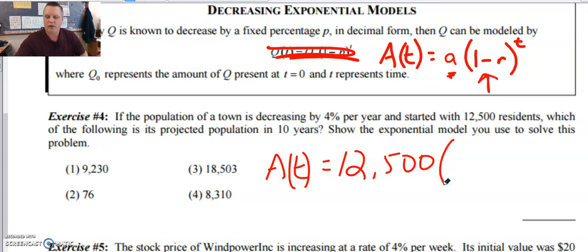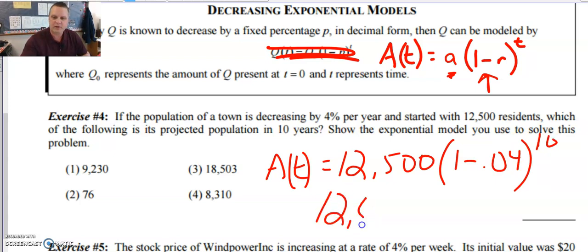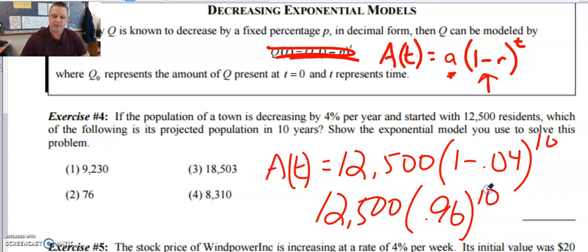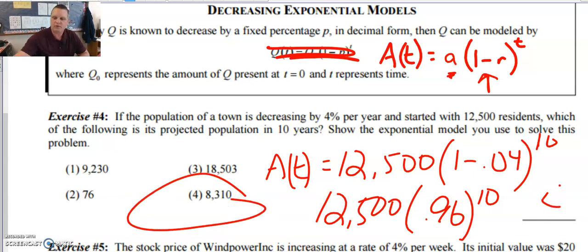If you need to show exactly as it is in the formula, 1 minus 0.04, and the time is 10 years, which is the same as 12,500 times 0.96 to the 10. Just put it in your calculator that exact way, and when you do, you will see that you get choice number 4.